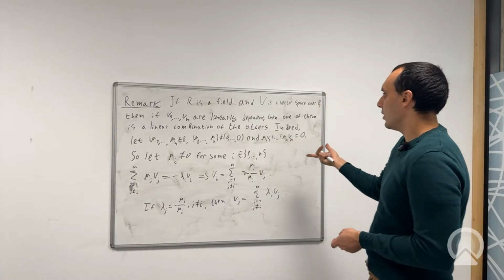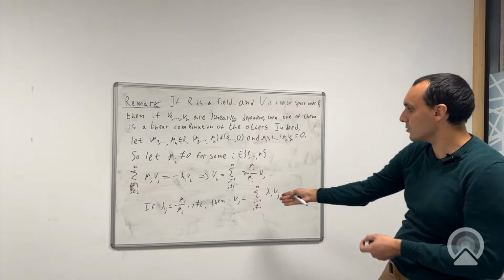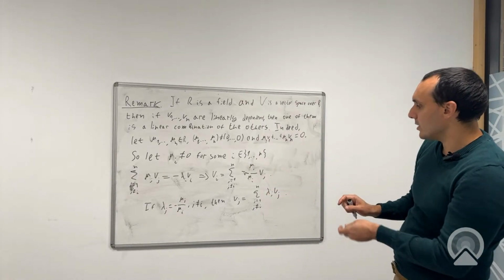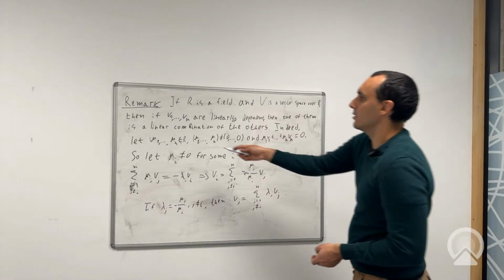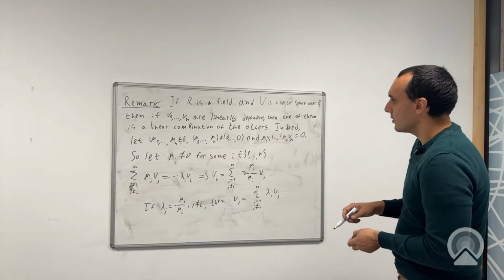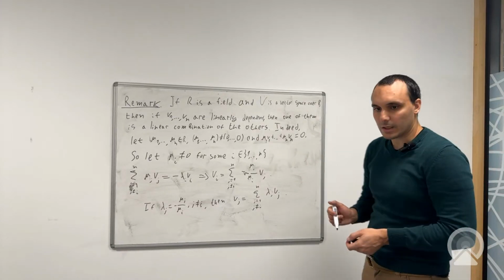And also it is good because it's symmetric in the arguments. This one here requires us to choose some i and express it from the others, but this one doesn't have such a choice of index.